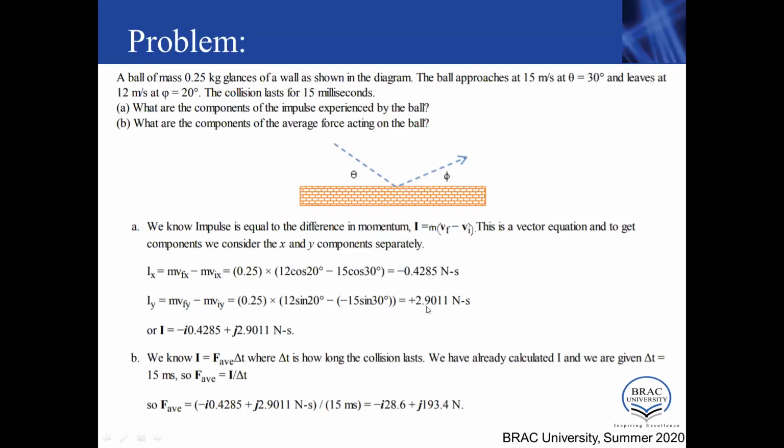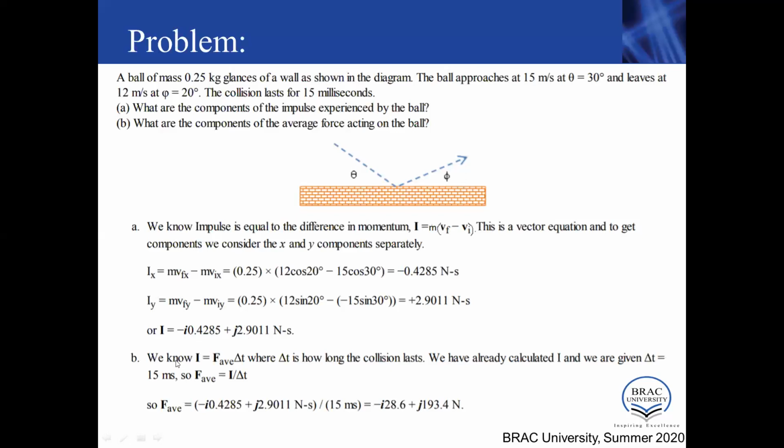Finally, the answer is 2.9011 newton second, the y component of the impulse. Then the impulse vector is equal to minus 0.4285 i cap plus 2.9011 j cap, and the unit is newton second. So this is the impulse.